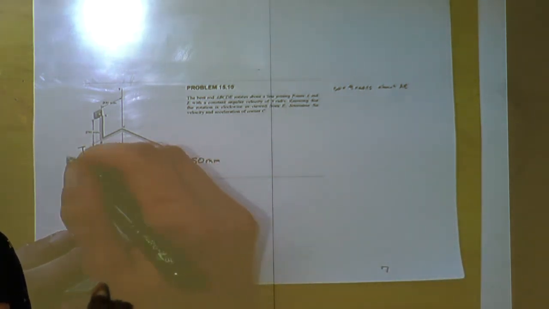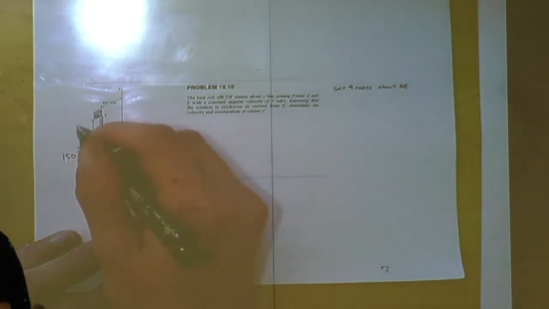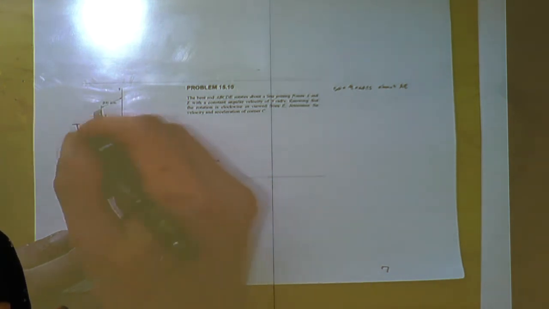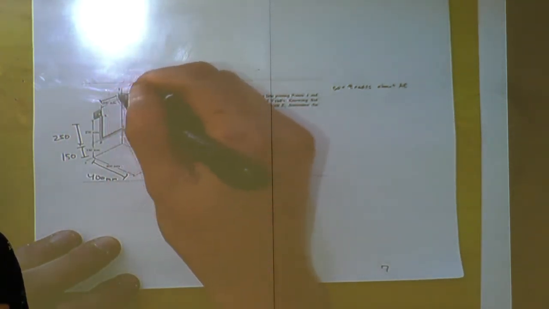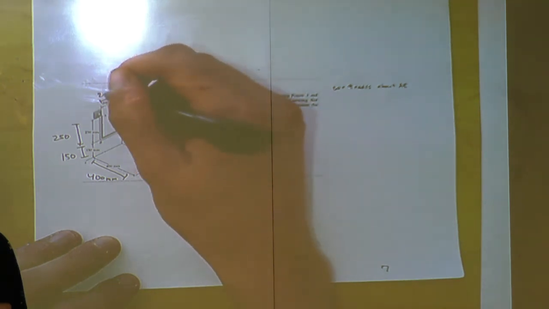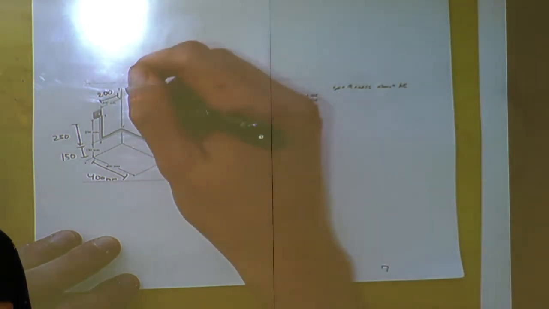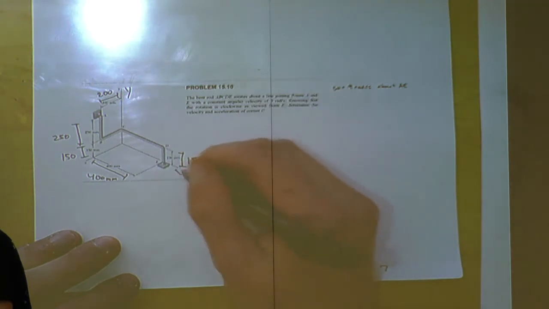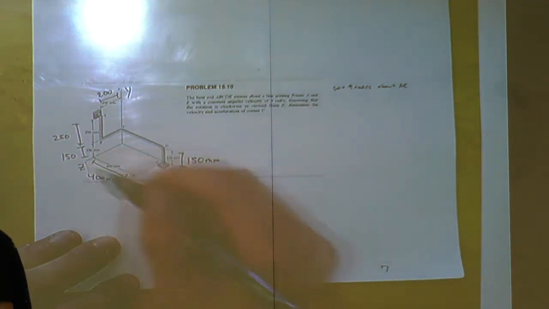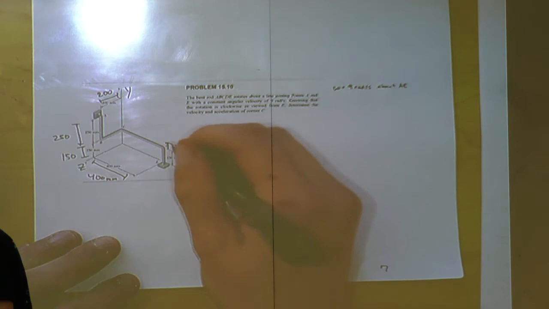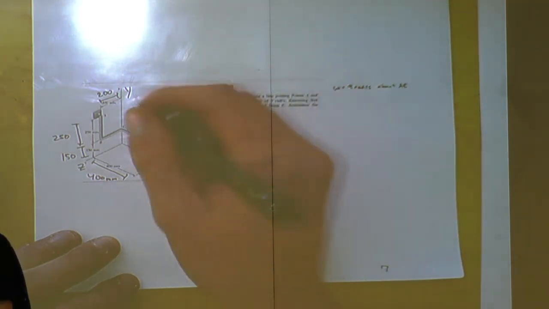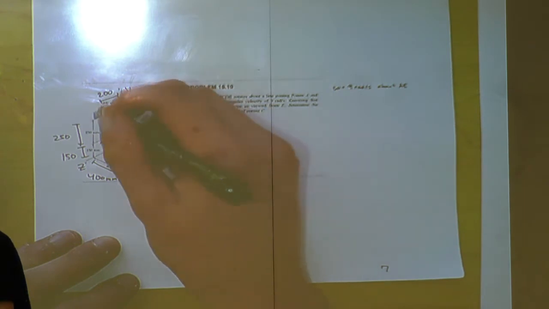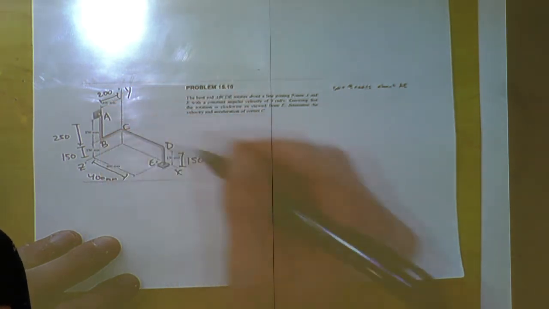This is also 150, and this is 250. And this right here is 200. This is the y, x, z. We have d, e, I think c, a, and b.